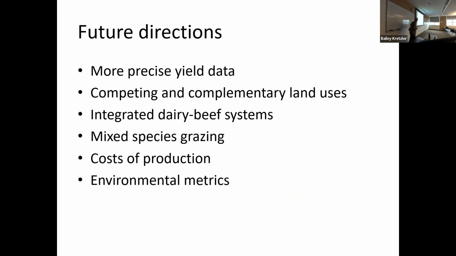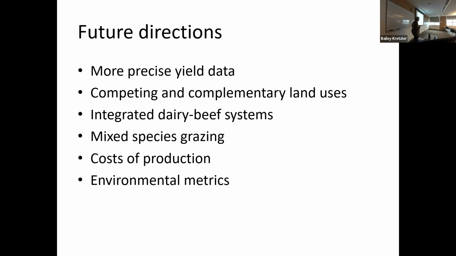Future directions. I think there's a lot of room to get better production data, which is not surprising. Better data, more precise data on yield, particularly for the grazing yields, particularly on the hay side, probably also for potential yields and more recent estimates of that.